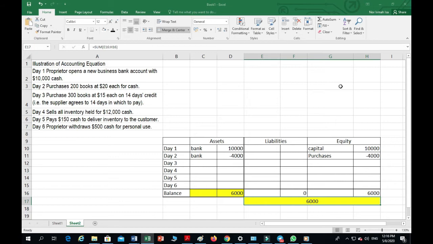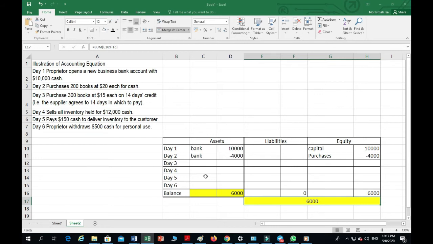Now day 3. Purchase 300 books at $15 each on 14 days credit. So the seller agreed to 14 days in which to pay, meaning that the business will pay for the books within 14 days.